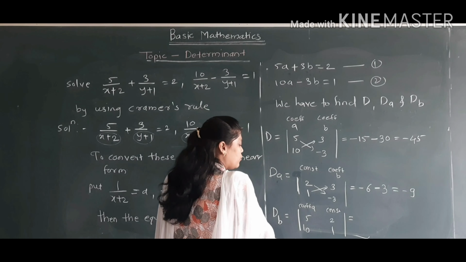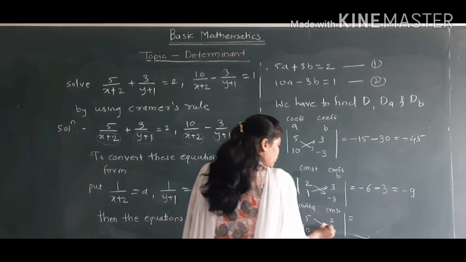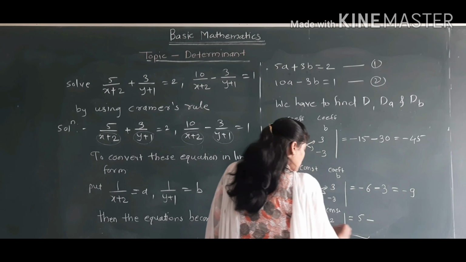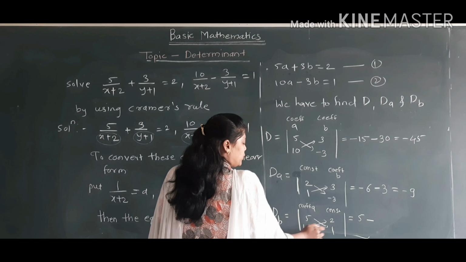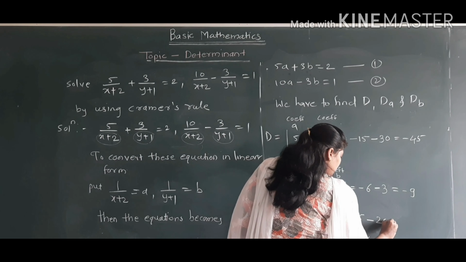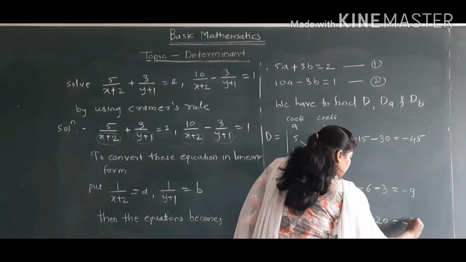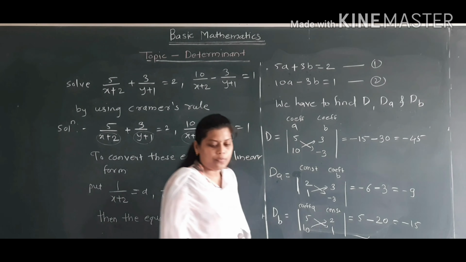Solve the second order determinant. First multiply 5 into 1, 5, minus 10 into 2, 20. 5 minus 20, the answer is minus 15.